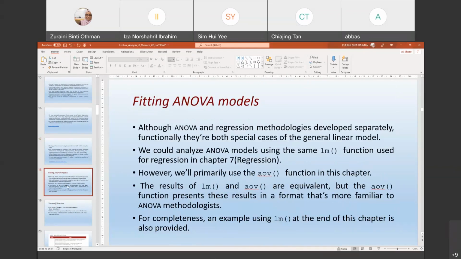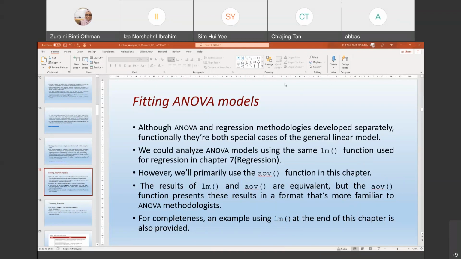Are you with me? Okay. This is how we fit the Anova model.